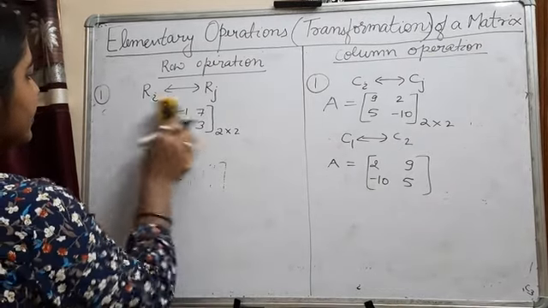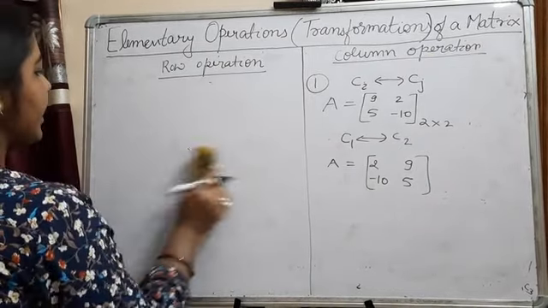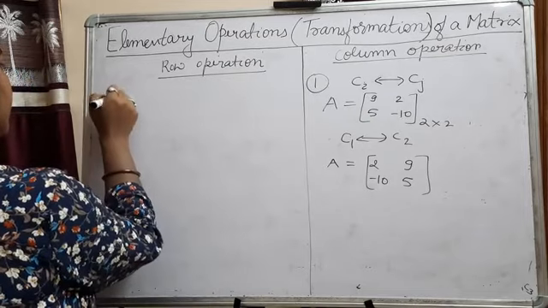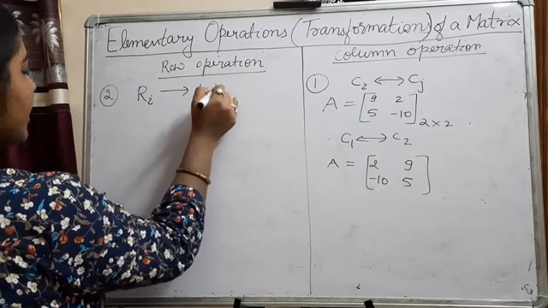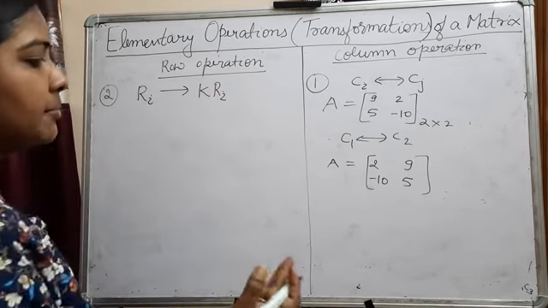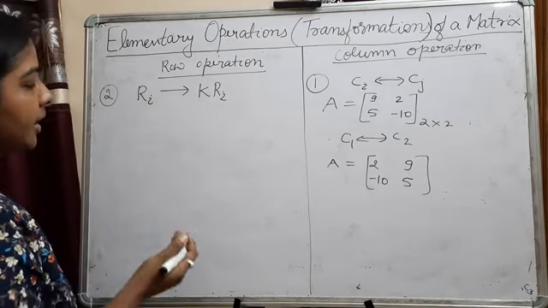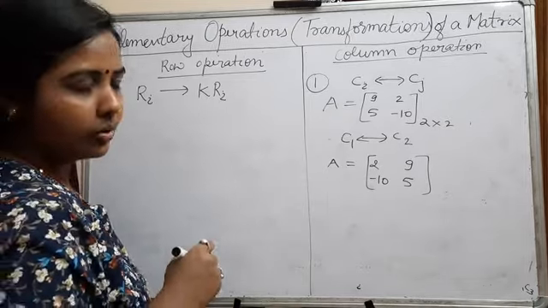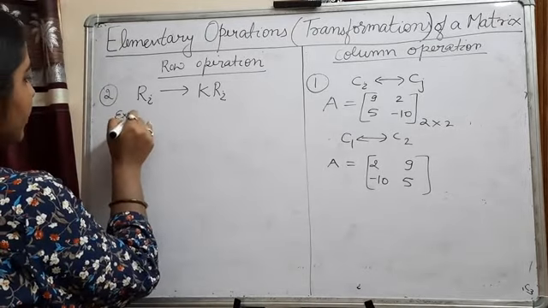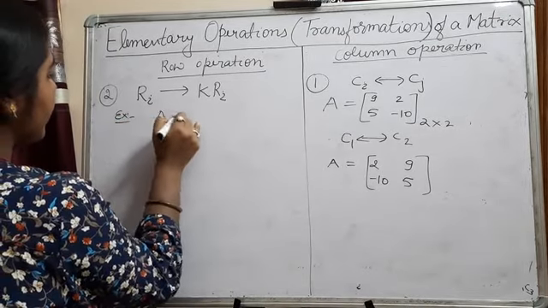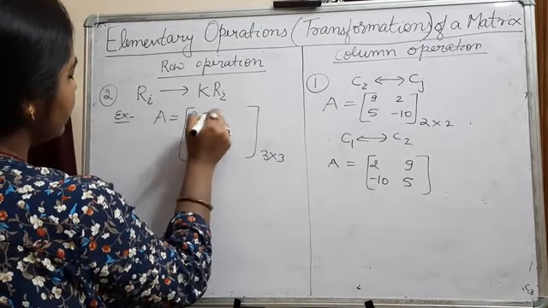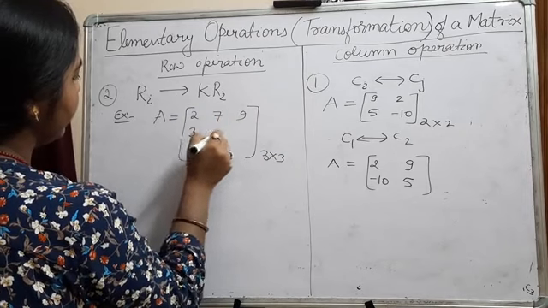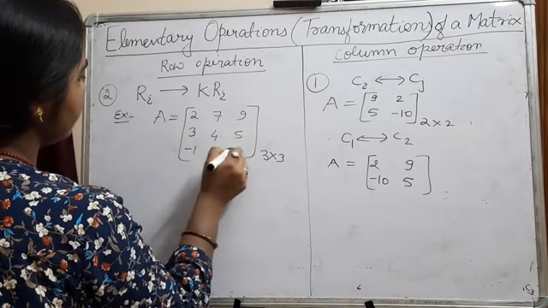Now the second row elementary operation we will discuss, that is Ri tends to kRi, meaning we can multiply a row by any scalar quantity. I am giving an example for this. Taking A of order 3 by 3: 2, 7, 9, 3, 4, 5, minus 1, 0, 2.